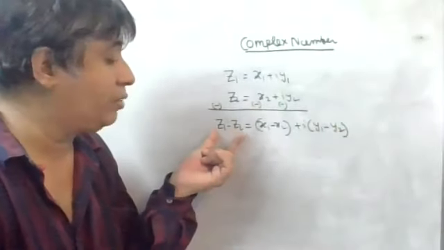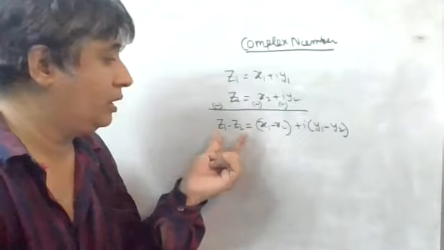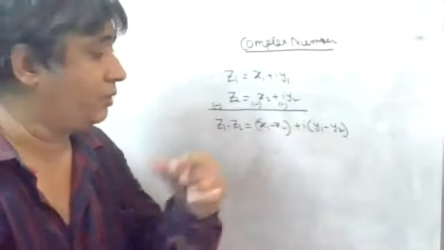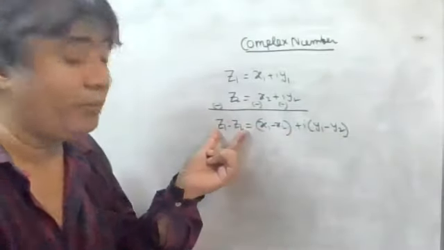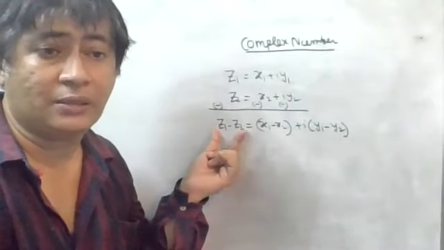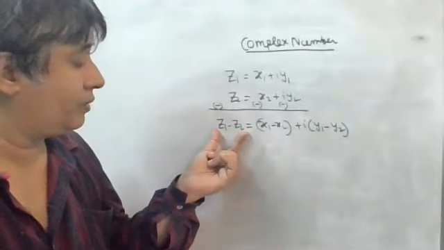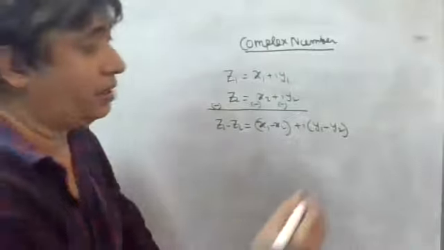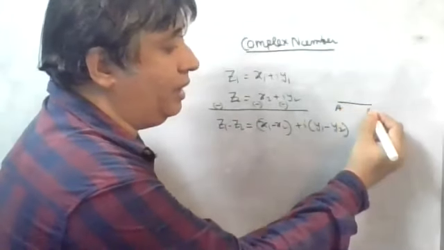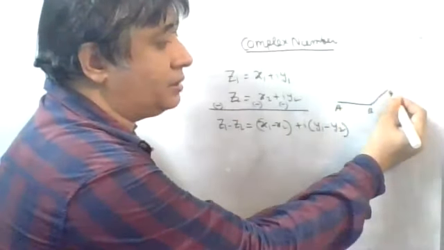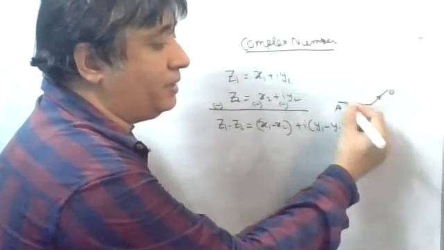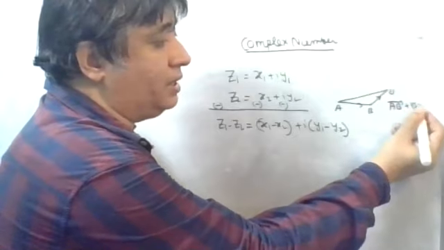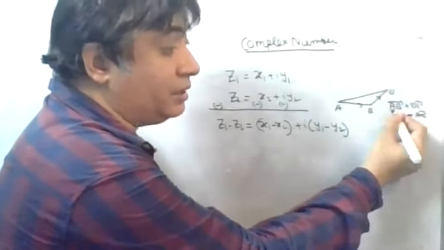So z1 minus z2 is equal to x1 minus x2 plus i y1 minus y2. So z1 minus z2 is itself a complex number. It's still a complex number. See, in vector you were taught, AB plus BC is equal to AC.